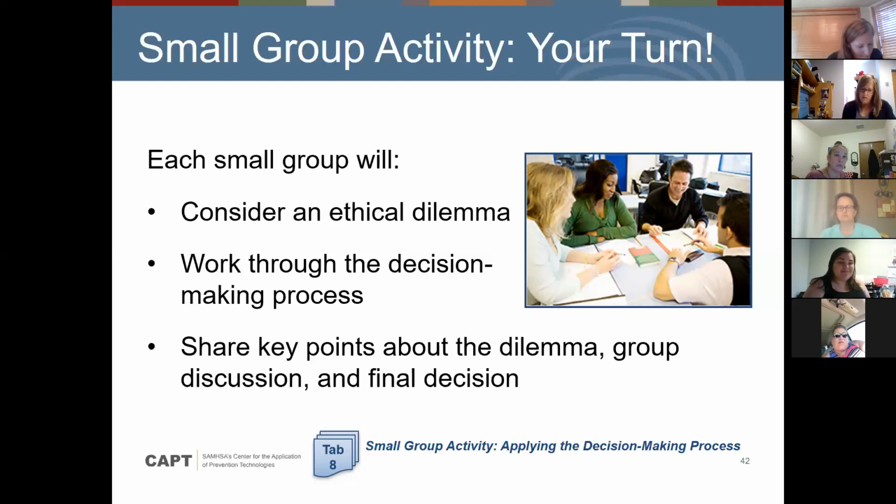So when we're looking at the internal factors, what were some of the things that you came up with in regards to Jada's perspective, values, needs that might affect her decision? There may be an emotional component aside from being a prevention specialist, but just being a mom. Okay.